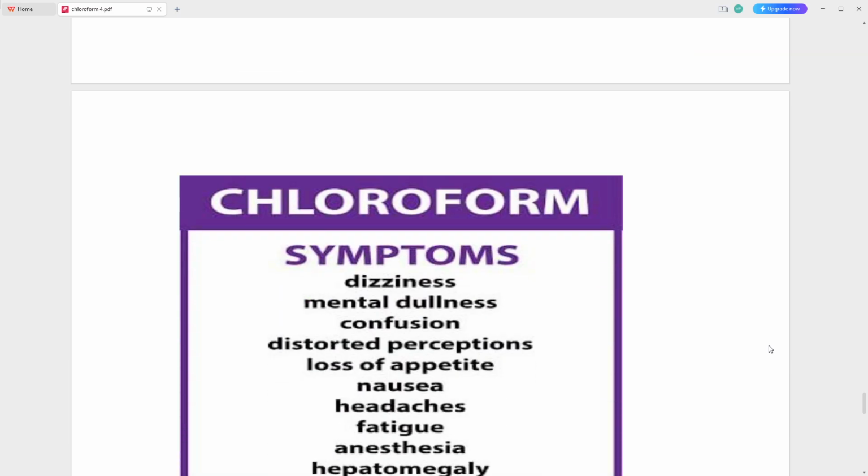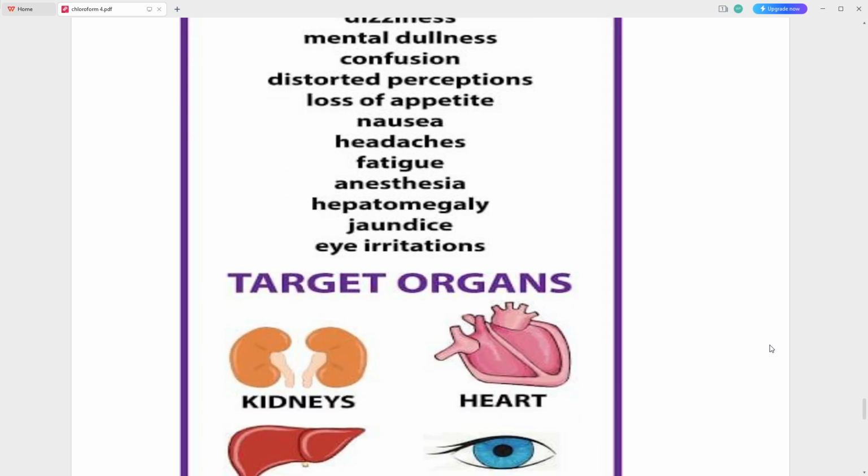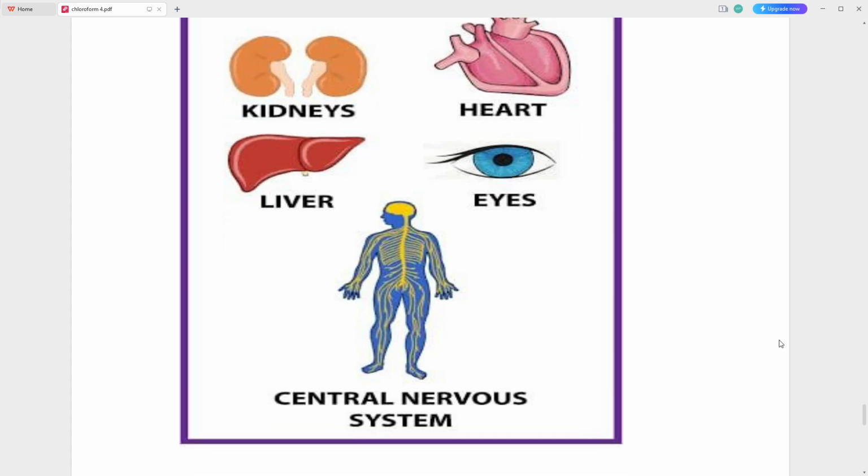This picture shows some of the symptoms of chloroform on the human body, which are dizziness, mental dullness, confusion, distorted perception, loss of appetite, nausea, headache, fatigue, anesthesia, hepatomegaly, jaundice, and eye irritation. The targeted organs, which are discussed above, are the kidney, liver, heart, eyes, and of course the central nervous system.